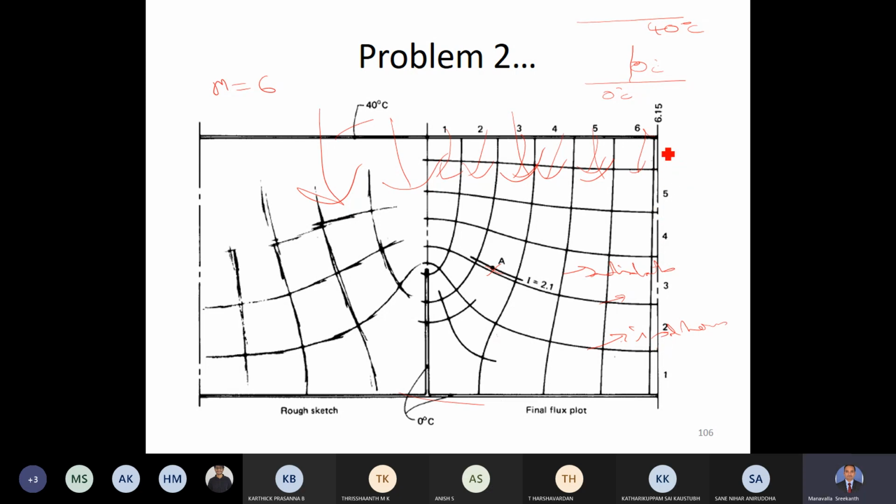Therefore the number of temperature steps is 5.6, so N is equal to 5.6. Similarly, 1, 2, 3, 4, 5, 6 are the full lanes, but there is a small lane of 0.15 available here. That also must be counted. So M is 6.15, N is 5.6, and we need to know the L.